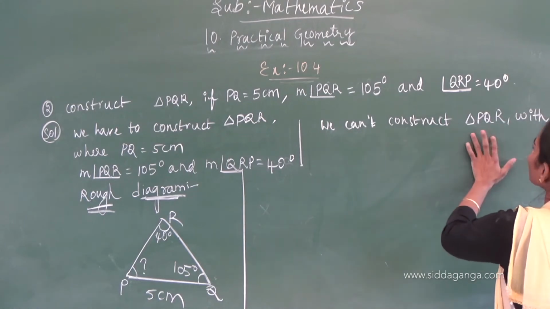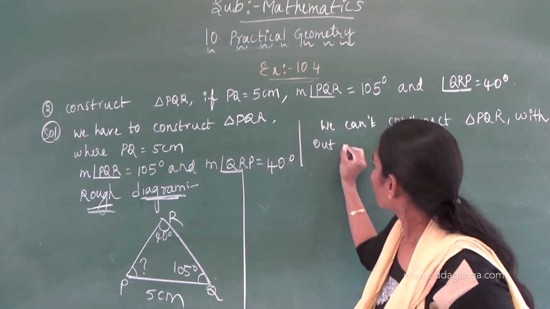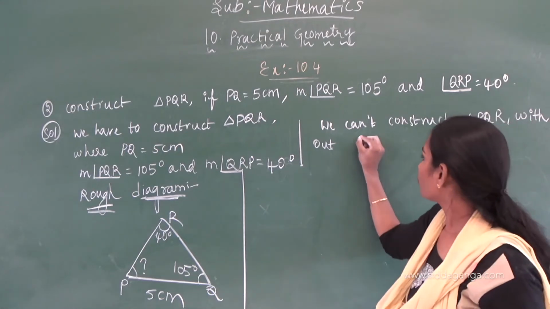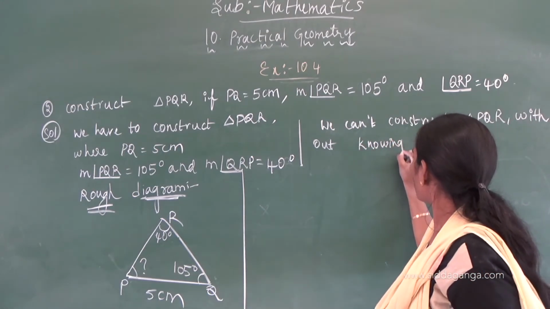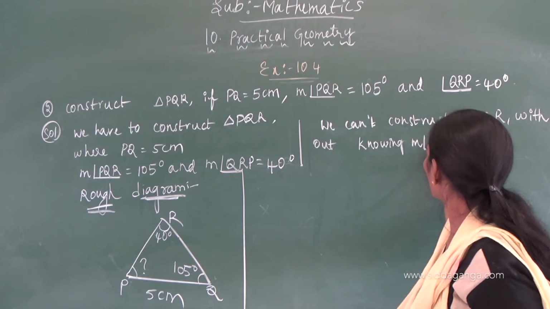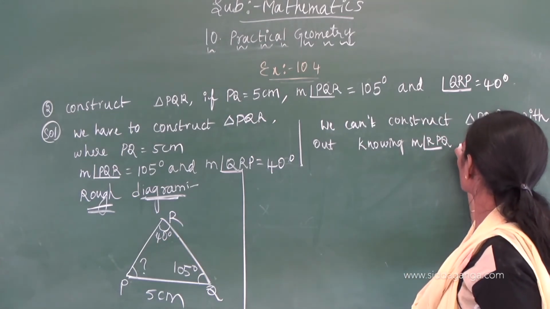We can't construct triangle PQR without knowing the measure of angle RPQ. Correct?